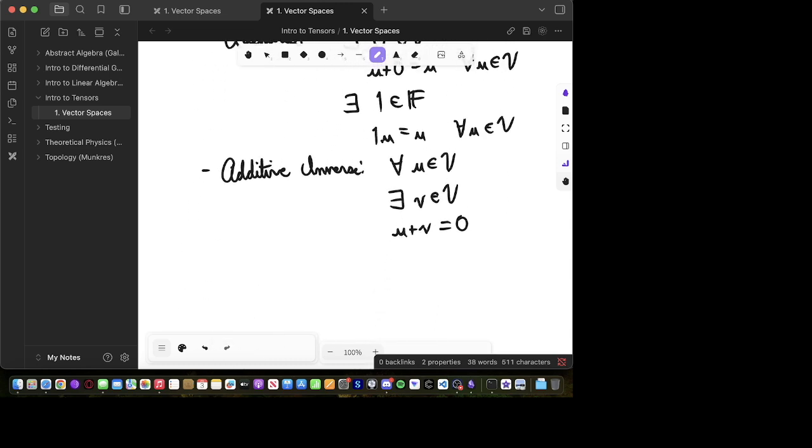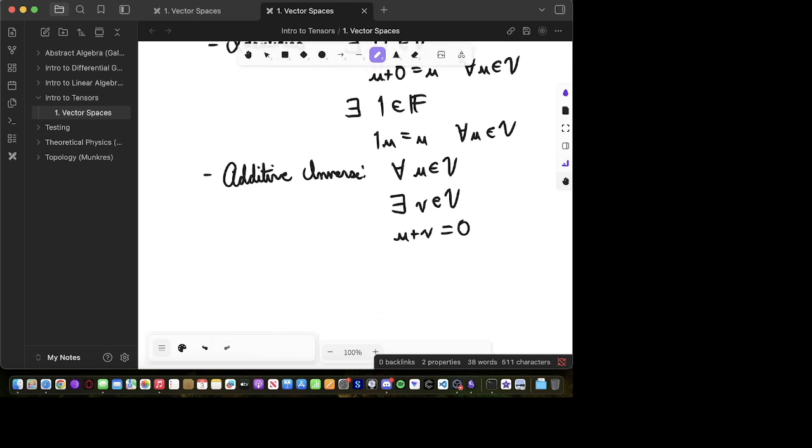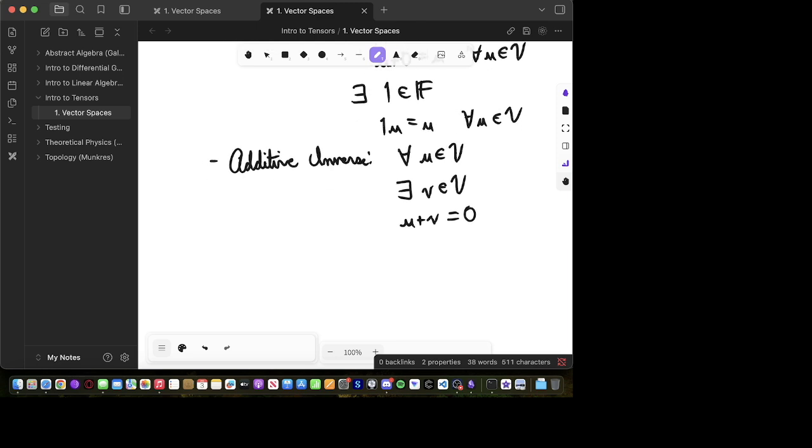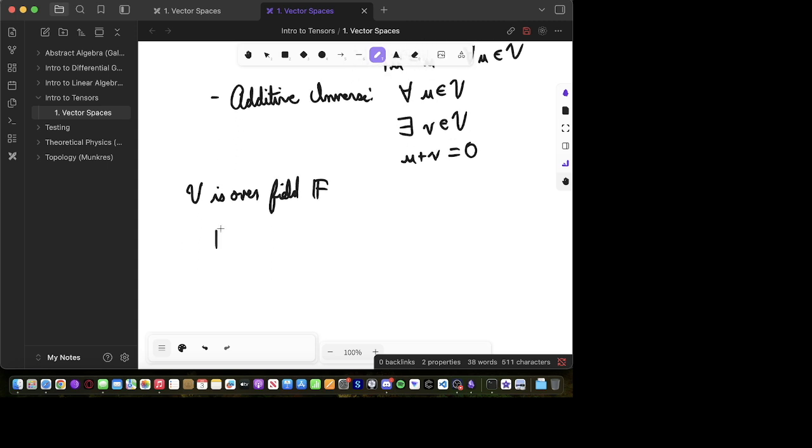And notice that the field carries importance. We say that vector space V is over a field F. And if the field equals the set of real numbers, then the vector space is called a real vector space.